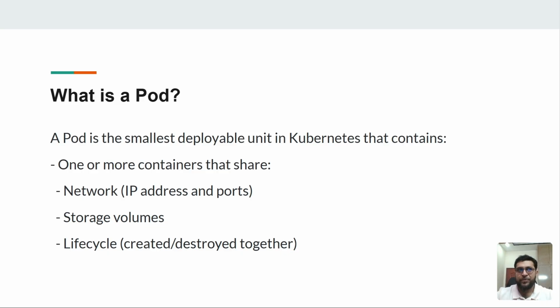If two containers share the same network, same port, and some storage, and their lifecycle is created and destroyed together, this is called a pod. This is the deployment unit in Kubernetes.